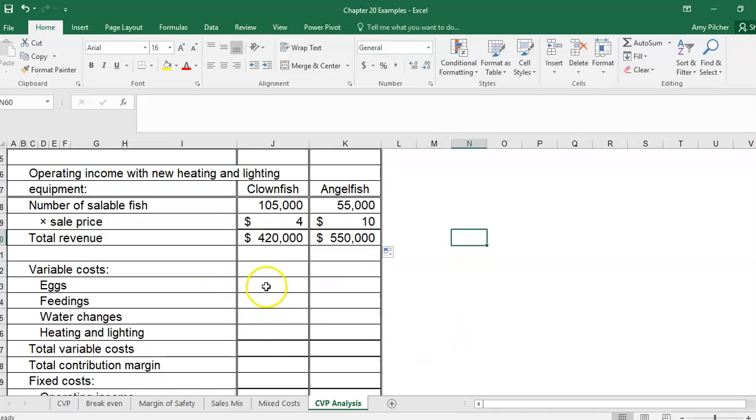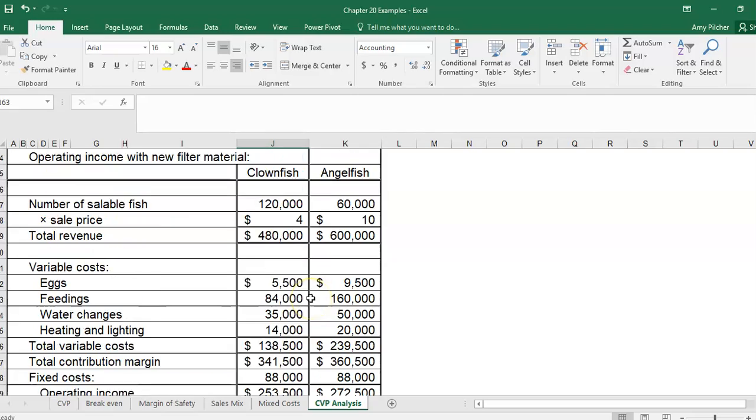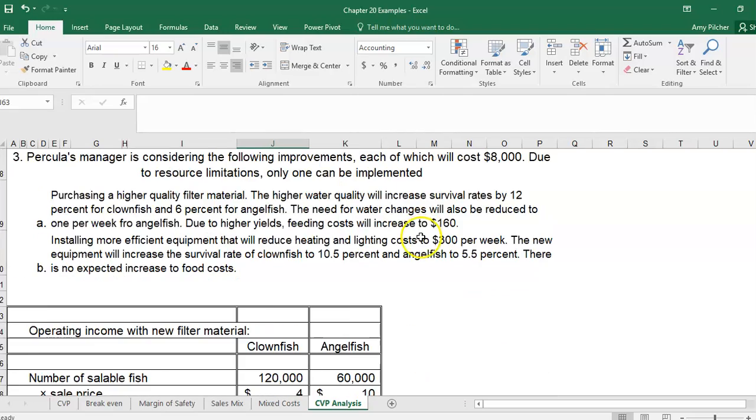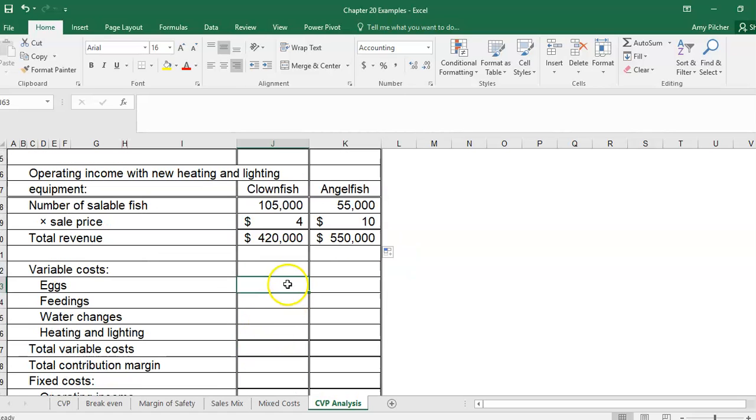Now our variable costs go back to what they were in our first example. So we have 5,500 for eggs and 9,500 for eggs. Our feedings don't change if we reduce our heating costs.